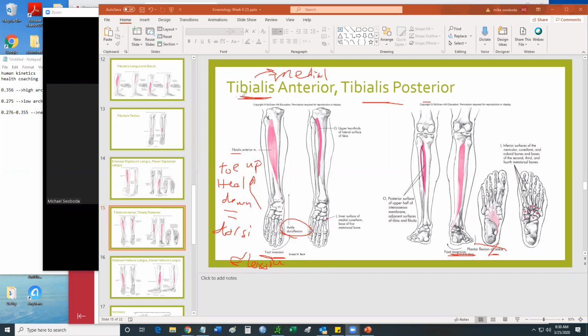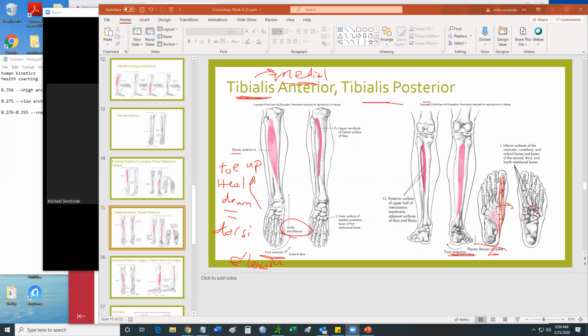Because these are tibialis, and because these are medial, they will also pull you into inversion, which means it's going towards your toe. So if I were to take my foot when I'm sitting, with both feet on the floor, and roll my ankles or my foot inward, that's giving me inversion.